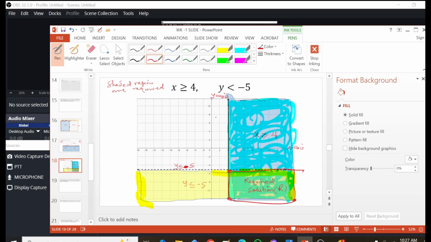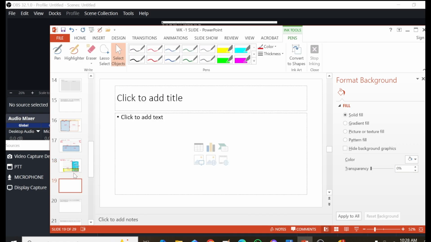This region has one color, this region has one color, but this region is the intersection of the two colors. This intersection is where we said shaded regions are required. So where the two colors intersect is the required region. So that's for that. Now let's go to the next question.